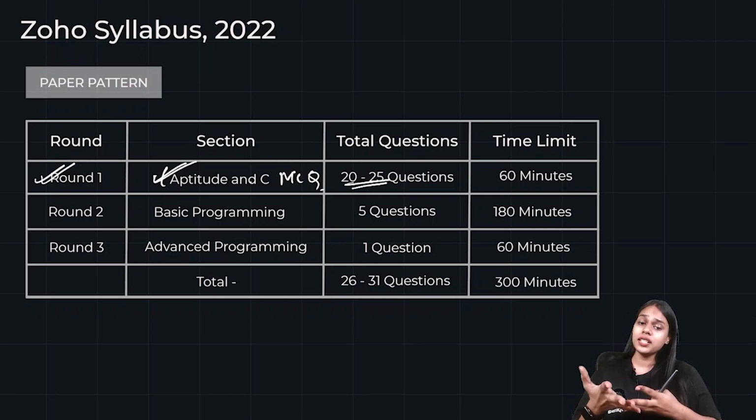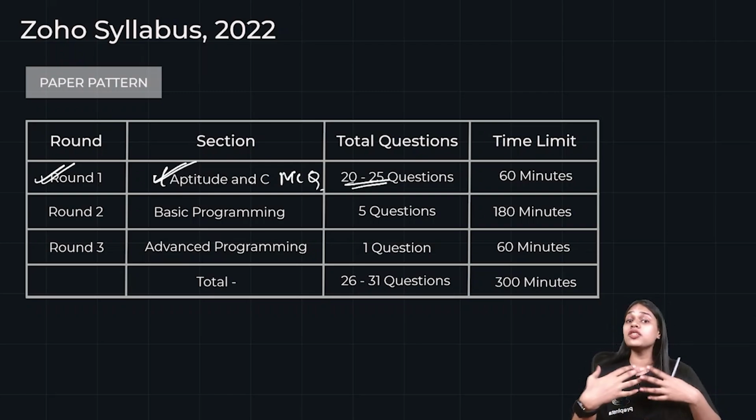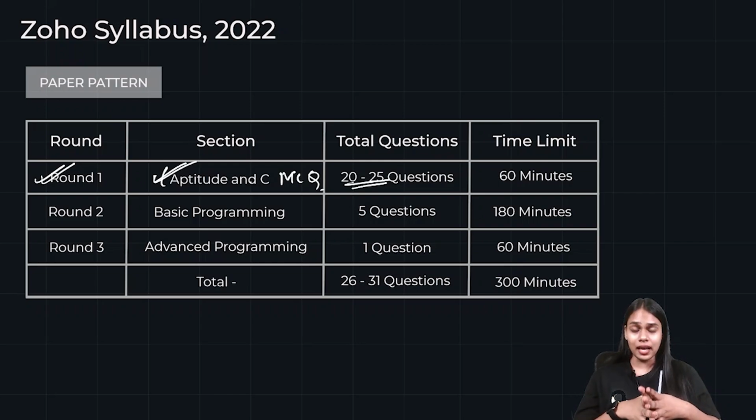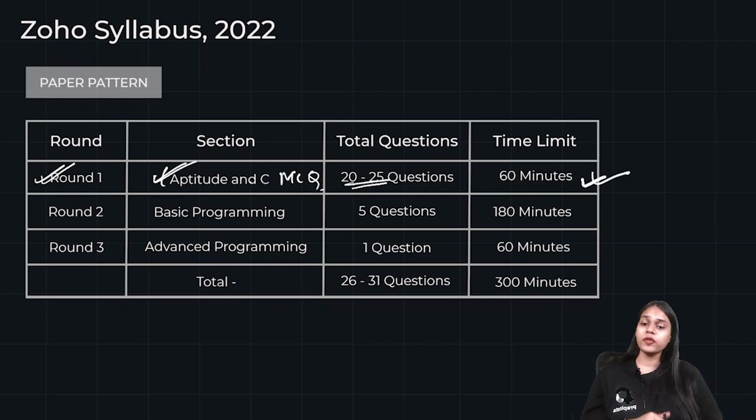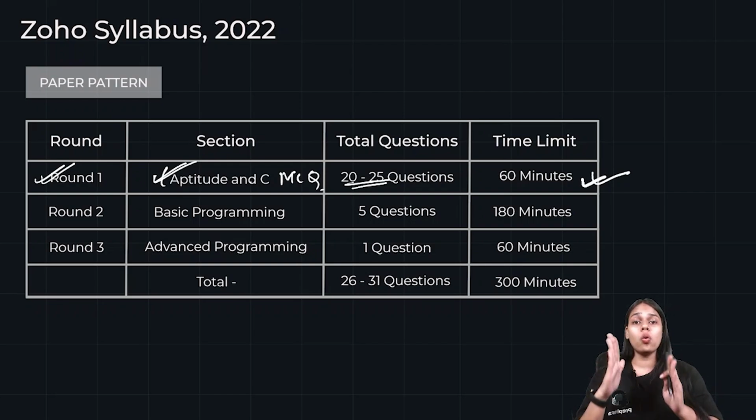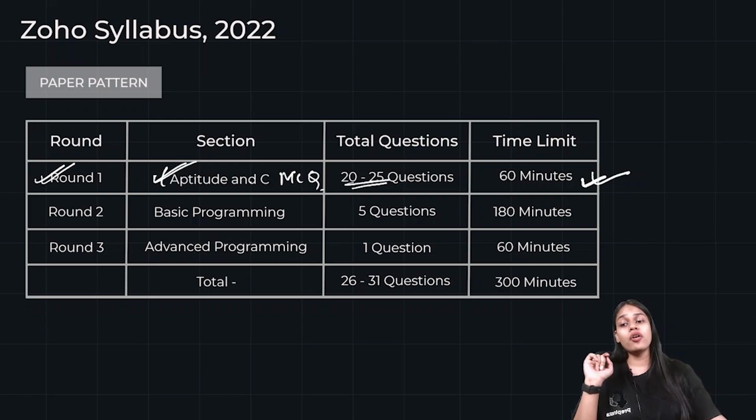You might get 20, you might get 25, you might get 22 or 23, depending on what they set. You are going to have 60 minutes, that is 1 hour, for it. So round one is aptitude and C MCQ only, with 20 to 25 questions for 60 minutes.